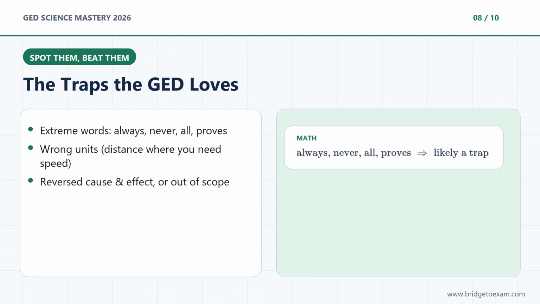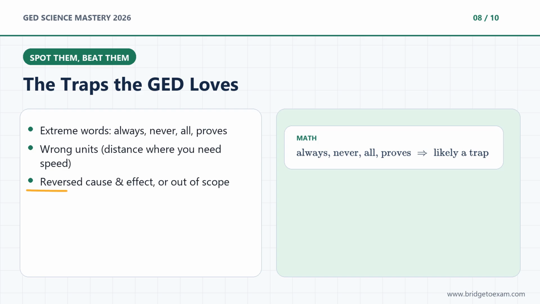Let's name the traps now so you can spot them from a mile away. The first trap is extreme words: always, never, all, none, proves, only. Careful science answers almost never need those words. The second trap is the wrong units, an answer that gives a distance when the question asked for a speed.